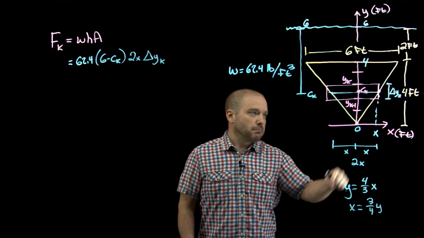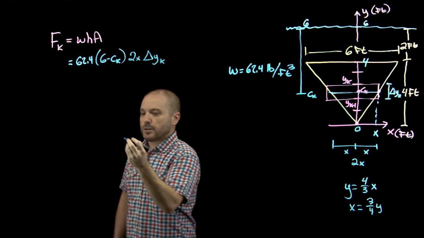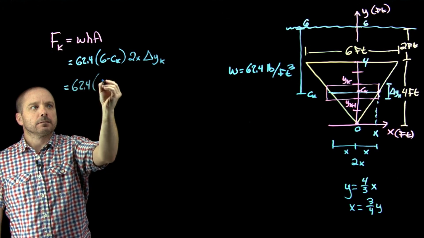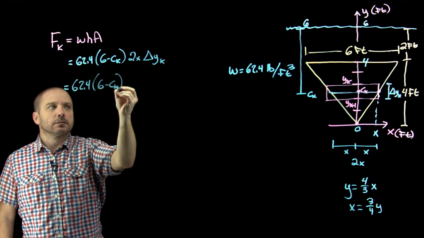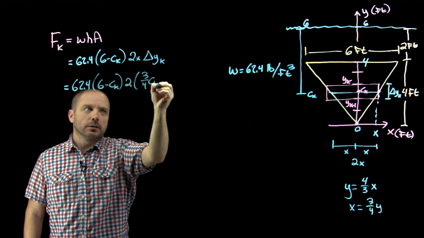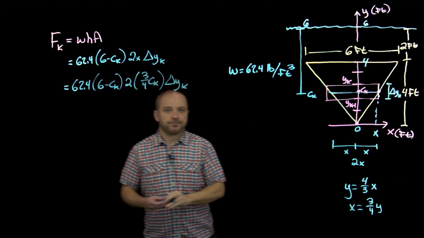So if you're at a y of c sub k, x is 3/4 c sub k. So 2 times our x, which is 3/4 c sub k, and then our delta y sub k.